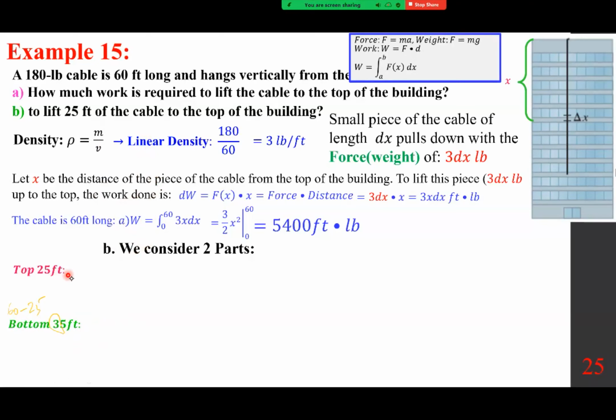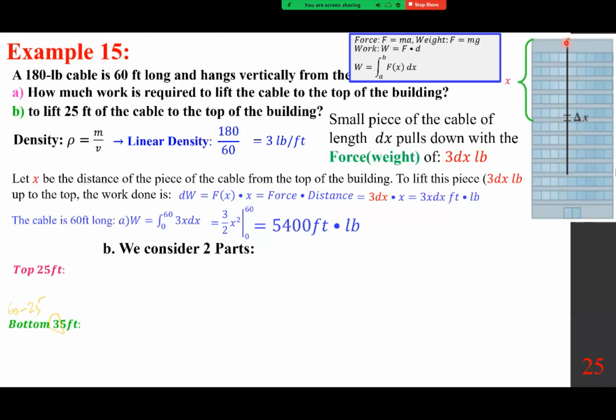The top 25 uses the same formula here, but from 0 to 25, because this has a variable force. The top 25, think about it. So if you cut this to the bottom 35 and the top 25, the bottom 35, the whole thing comes up.